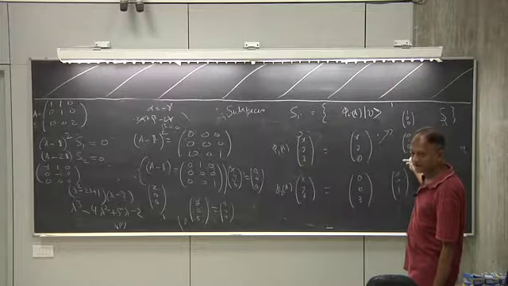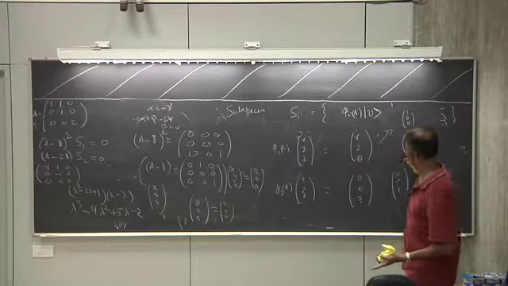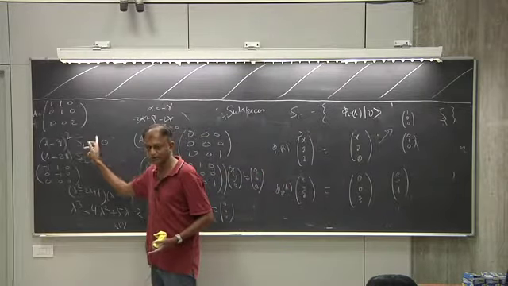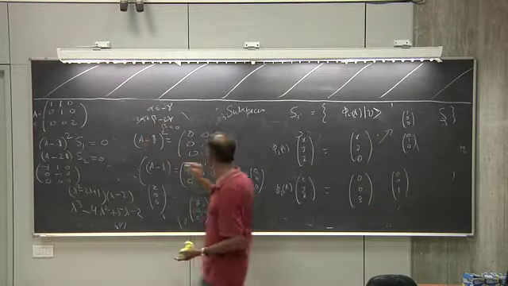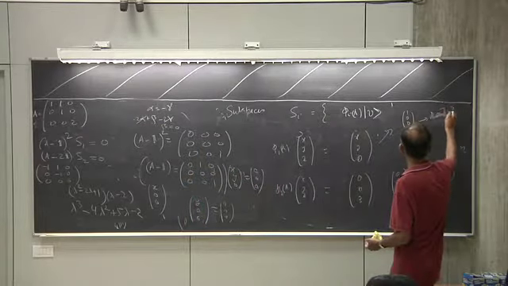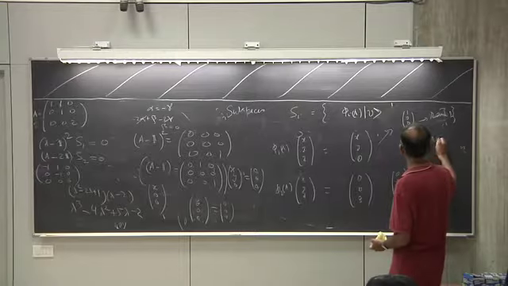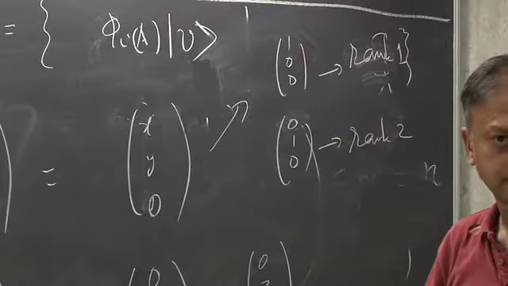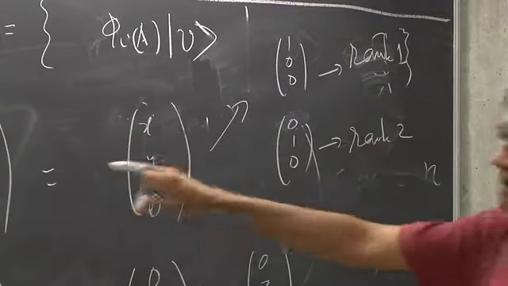This guy is not an ordinary eigenvector, but it's a generalized eigenvector because in this entire S1 space, I have A minus 1 whole square is 0, right? So the conclusion is this is rank 1, and this is rank 2. This vector, because this is annihilated by A minus 1 square.